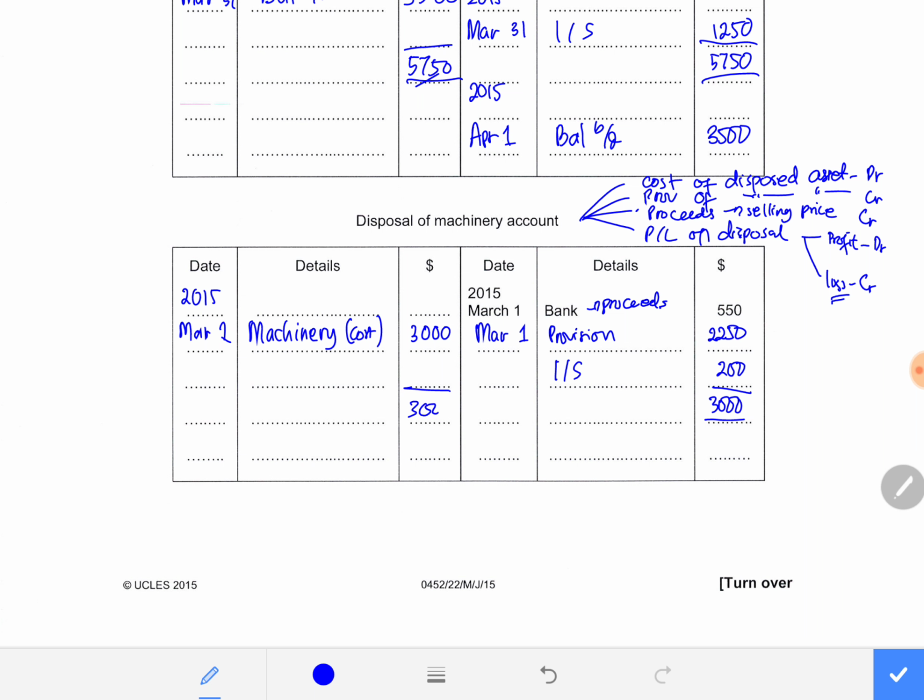This one is 3,000 as well, and the date is at the end of the accounting period, which is March 31st, not the date of the disposal. And then done.